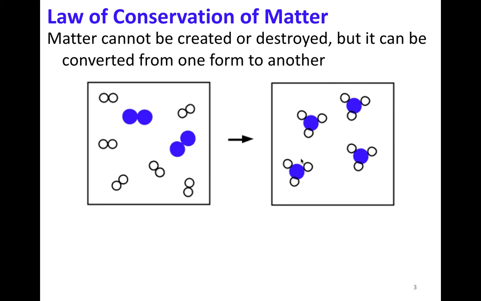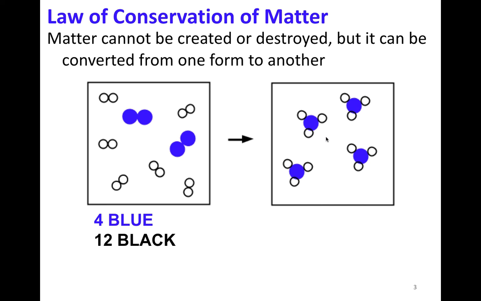On the left are the reactants, so I have a combination of two blues, and that shows up twice. And then I have 2, 4, 6, 8, 10, 12 black circles showing up as a combination of twos. The arrow means a reaction is taking place.